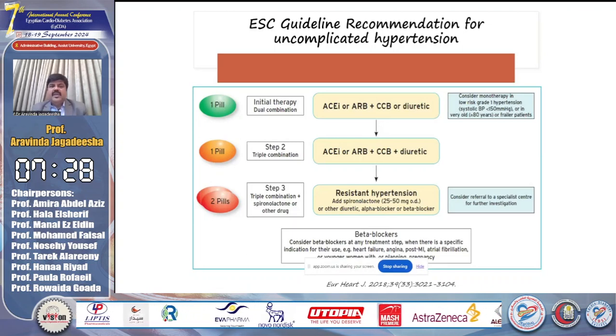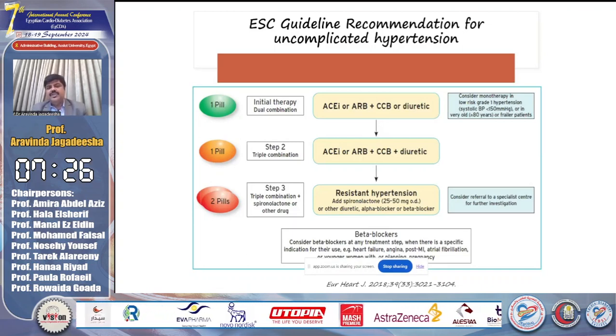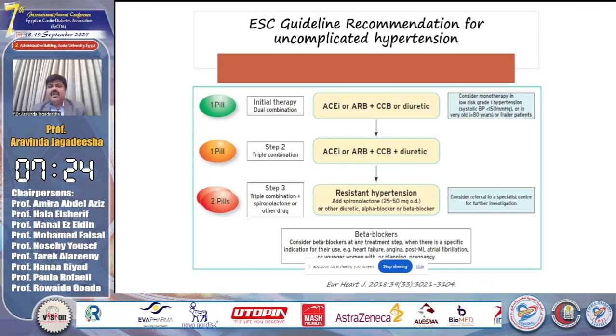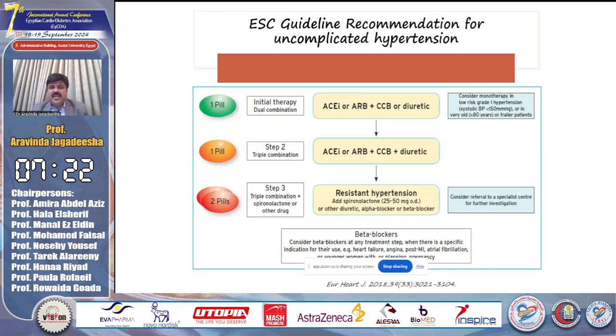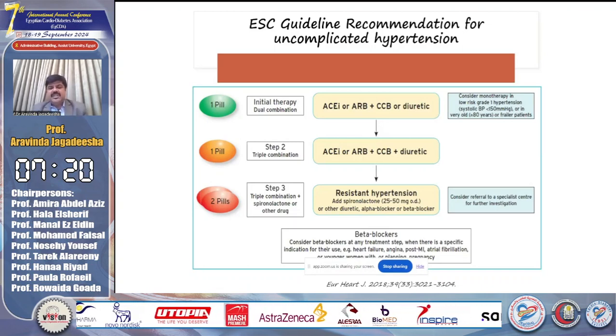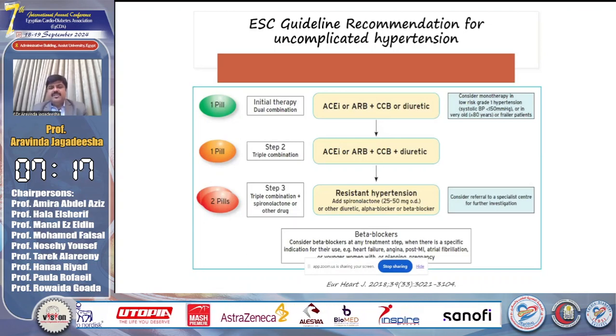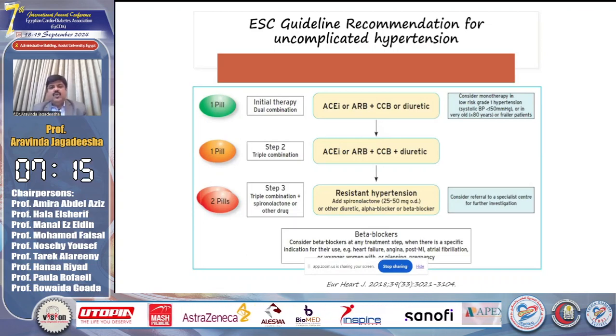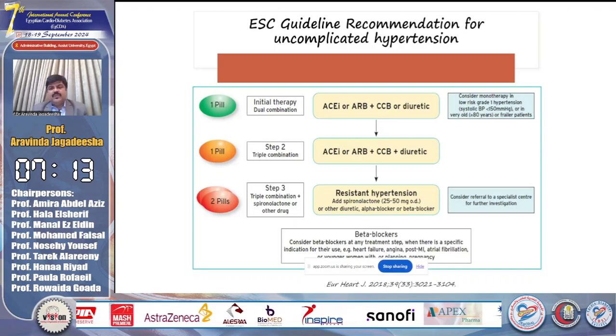In step 2, it can be triple combination, that is ACE inhibitors or ARB plus CCB plus diuretics. In step 3, if the patient has resistant hypertension, you can add on spironolactone.